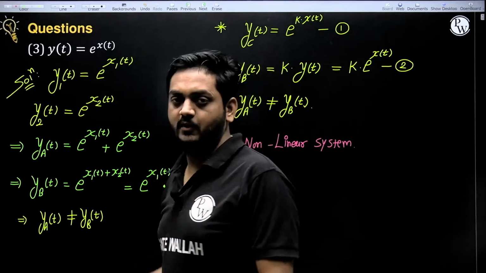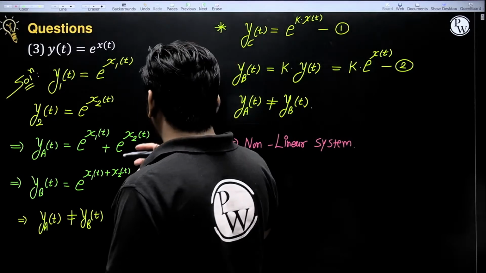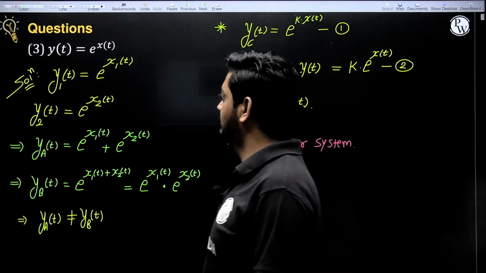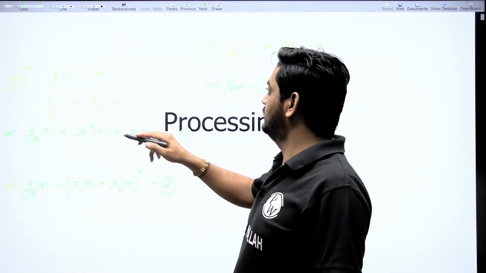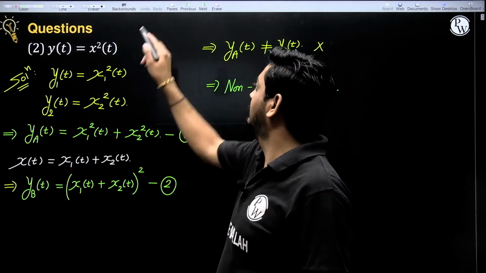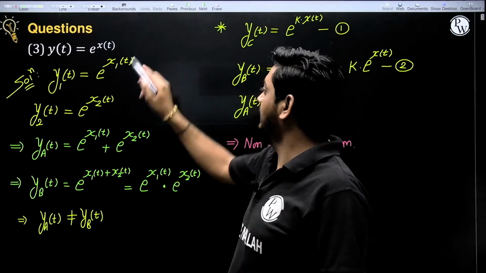Again y equal to e power x of t, graph exponentially increasing. That's why. So output is exponential function of input. Here output is what? Exponential function of input. Earlier output is square of input. So amplitude square. Here e to the power amplitude of x of t.